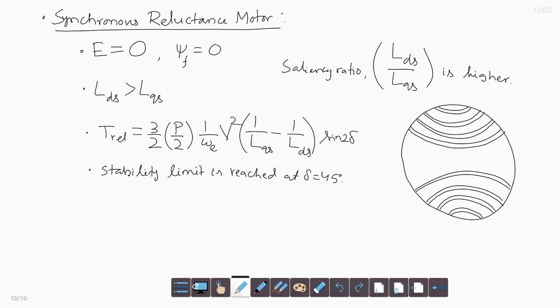Along the radial direction laminations are made, and these laminations are separated by non-magnetic material. So, this is the magnetic lamination and this is the non-magnetic lamination. By alternate magnetic and non-magnetic laminations along the radial direction, it increases the reluctance along the Q axis.